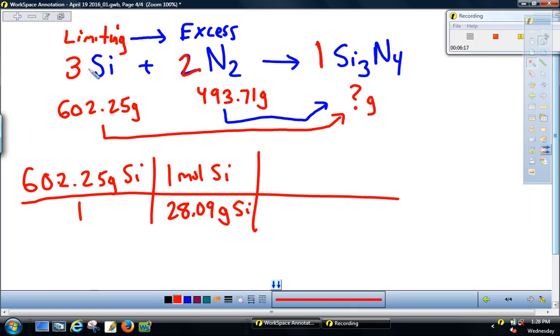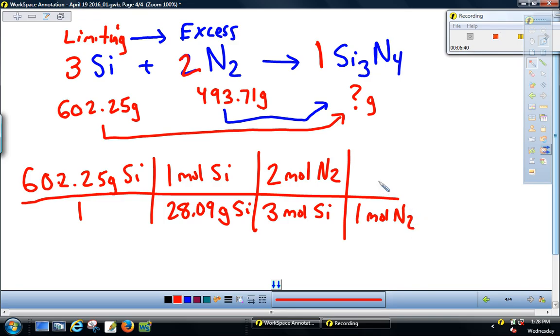What we're currently working with is Si, so that goes on the bottom. 3 moles of silicon are required for every 2 moles of nitrogen, so our ratio is 2 to 3, because we're trying to figure out how much of this 493 grams we're using in our experiment. And then the last step is to convert back into grams, and as we established before, 28.02 grams per mole.